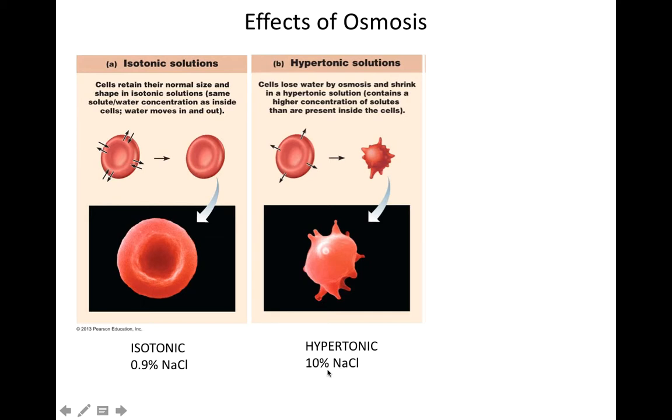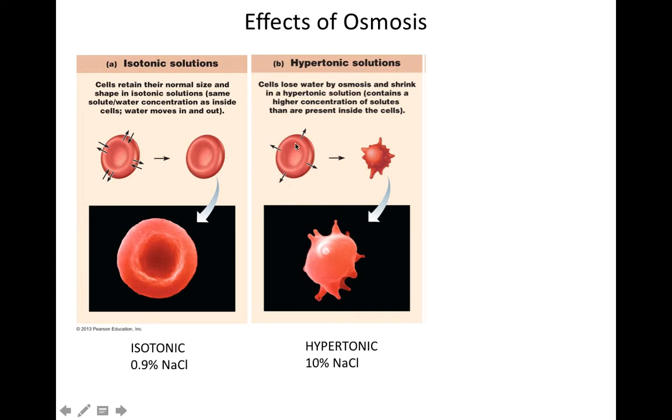But for our purposes of an example, when you put a cell in 10% sodium chloride, there is a huge draw on water. Water is going to move out of the cell, and it's going to have the effect of shrinking up the cell, and that could be devastating to the cell.